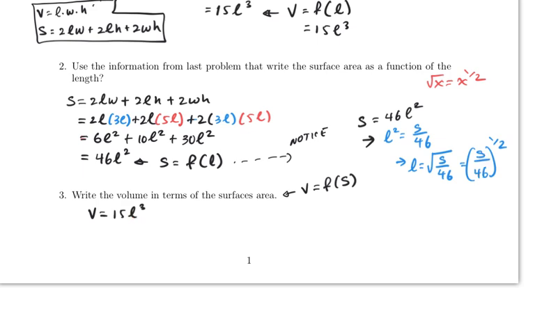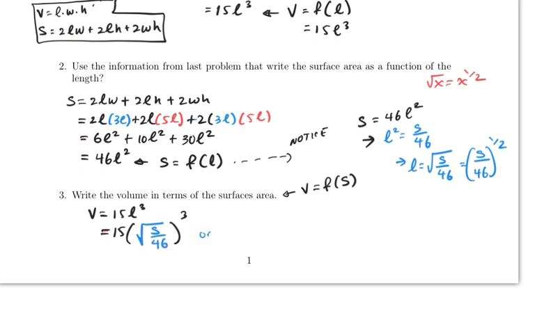So that's it. Therefore, here we have 15 L cubed. Depending on whatever the question is asking you to simplify, you can write either one, so let me do both. This could be just 15 times the square root of S over 46 cubed, and that is the complete answer.